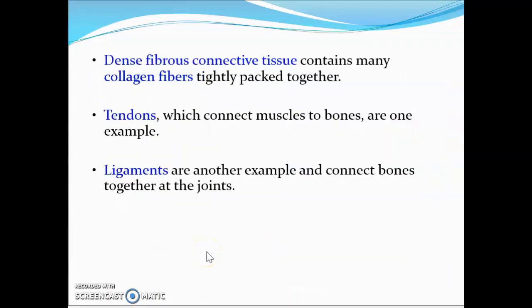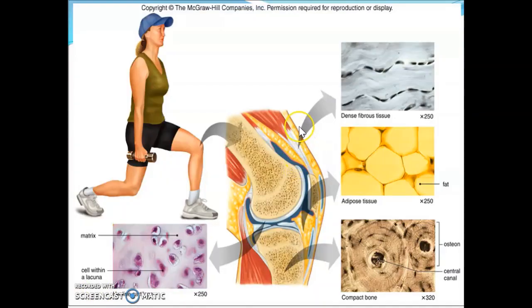The second type of fibrous tissue is the dense fibrous tissue, or dense fibrous connective tissue. Dense fibrous connective tissue contains collagen fibers that are tightly packed together. An example of a structure containing dense fibrous tissue is the tendon. The tendon structure is shown in this diagram.